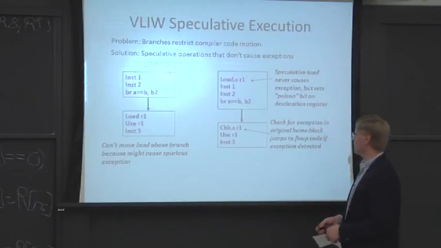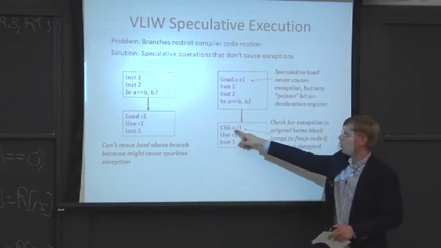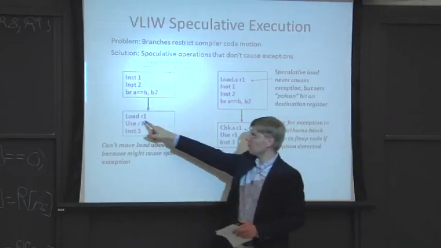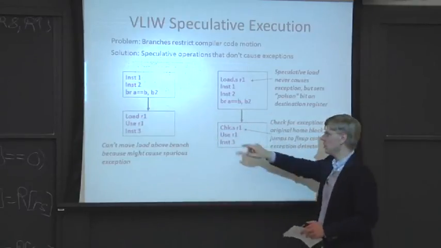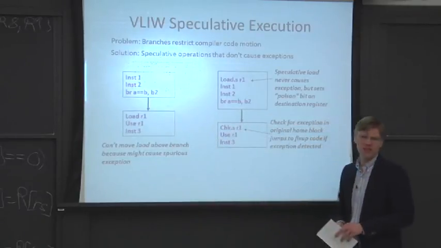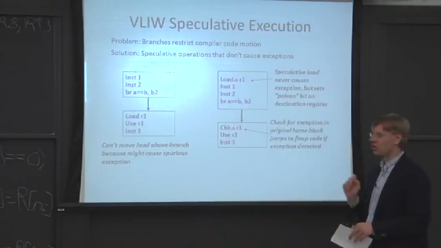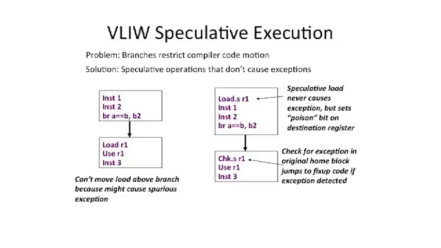So let's take a look at an example of this. Down here, where the load originally was, we put in a check speculative instruction. And it uses R1 here. So this is going to check the value of R1. And if R1 took a trap or exception and there was some problem with it, we can jump to fix-up code.